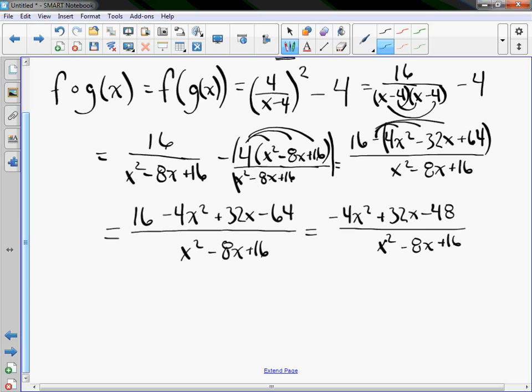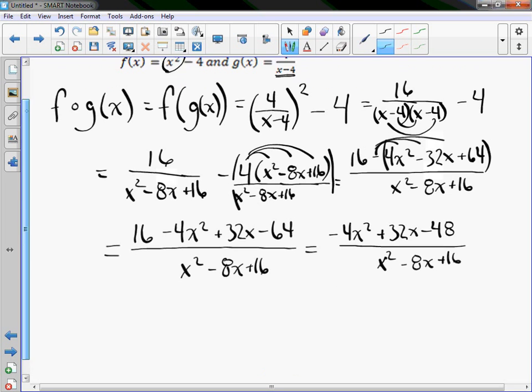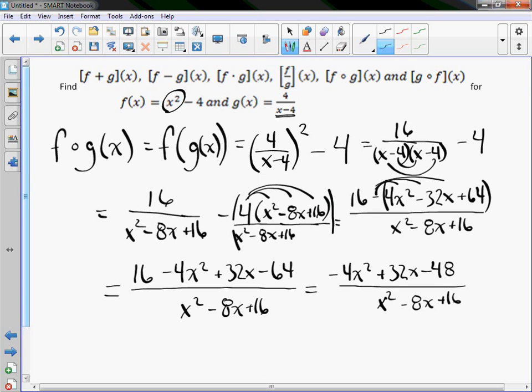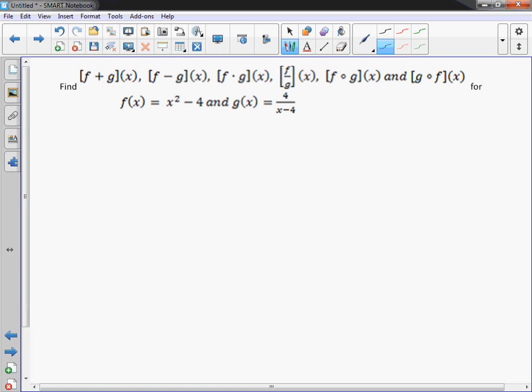Let's look at the other one, because we can also look at the composition of G composed F. So we're going to plug F in where G was. This means G of F of x.